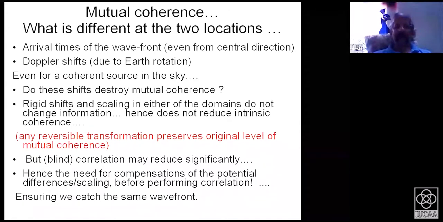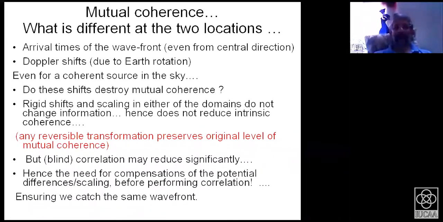I would like to make a bolder statement in this form. You're given some process and it has some certain property of internal coherence or not. You make any copy of it through any reversible transformations of this original thing, and you will find that it should be treated as retaining the coherence and having the highest level of mutual coherence across the two versions.